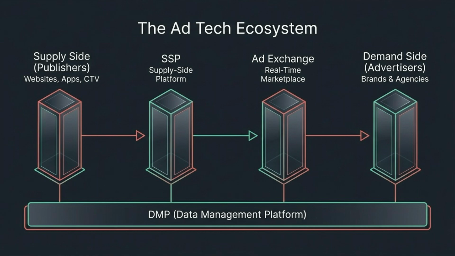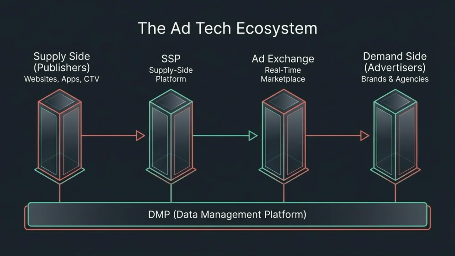Like what kind of instructions? Things like, I only want to reach women 25 to 40 who live in California and have shown interest in hiking gear. And don't you dare pay more than $3 per 1,000 views. The DSP holds the wallet. And connecting these two, the SSP and the DSP, is the ad exchange, the marketplace itself. This digital trading floor, that's where the virtual handshake happens.